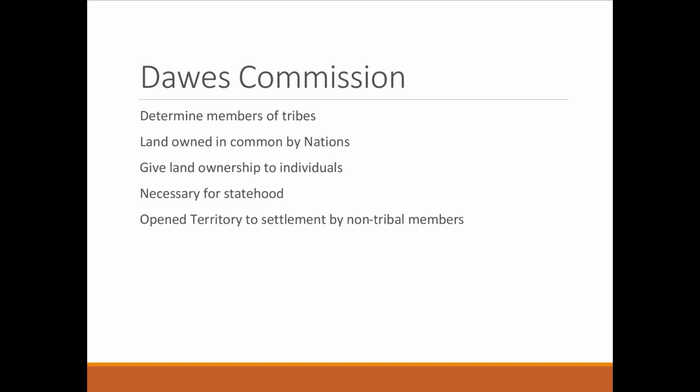They felt that this was necessary for statehood, to bring Indian Territory and Oklahoma Territory in as a state. But it would also open the territory to settlement by non-tribal members.